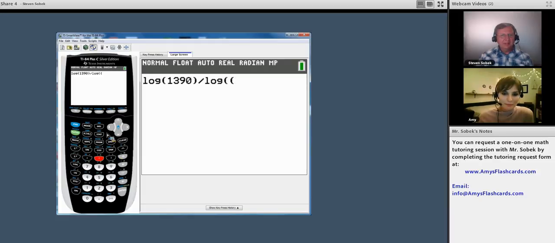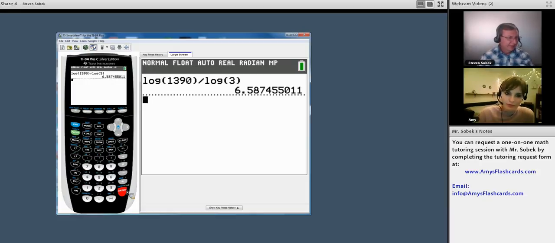Whoops. I don't remember. Yeah, I would think it was log of 3. 3.46 rounded. Now look at my screen. Okay, it doesn't say the same thing. You're right. Log of 1,390 divided by log of 3.